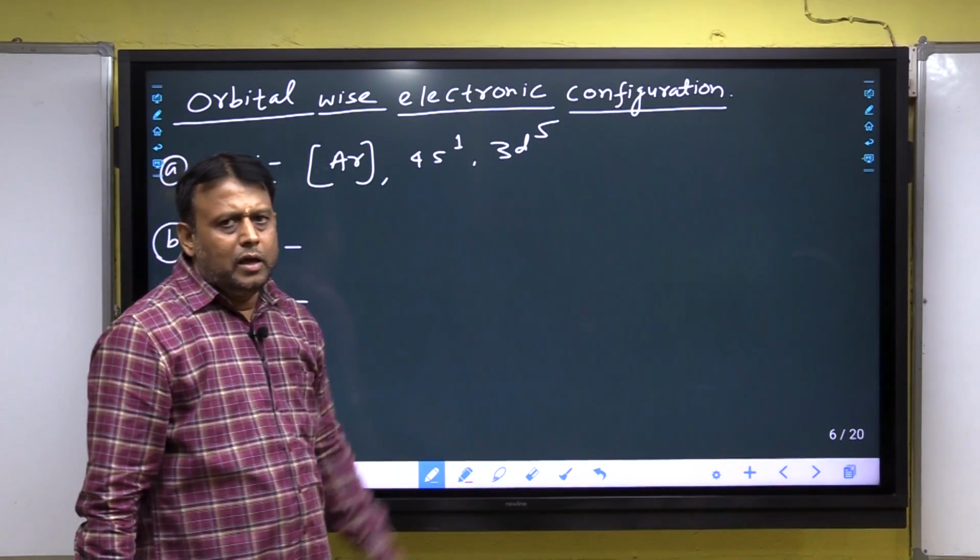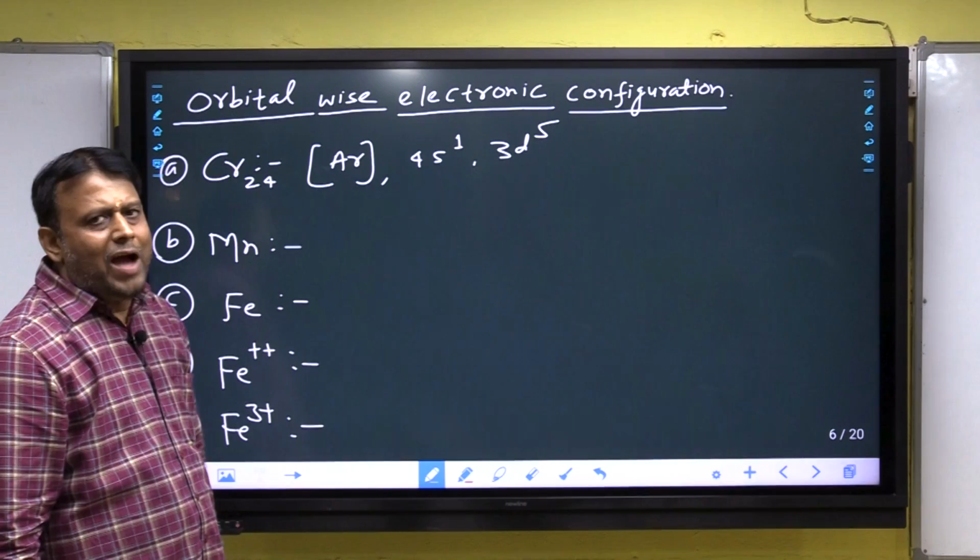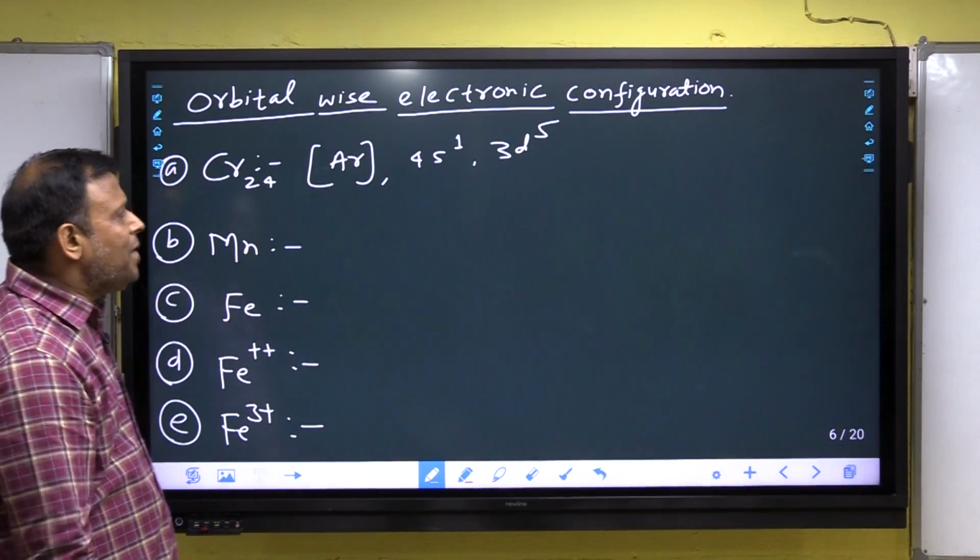One 4s electron is transferred to d5 for half fill.